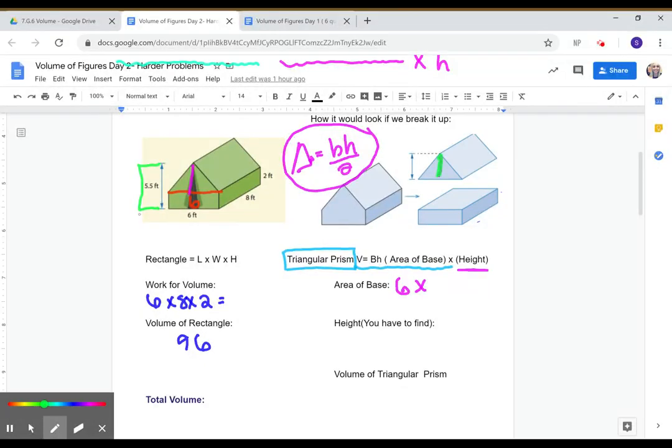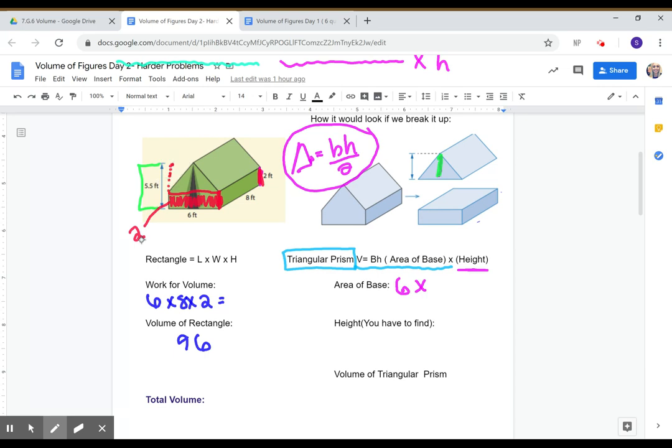To find that missing piece, we have to do some subtraction. Let's look at the numbers that I have. From here to here is 2. From here to here, it is also 2, right? So when I'm looking at this, here to here is 2. So what would the rest of this be?